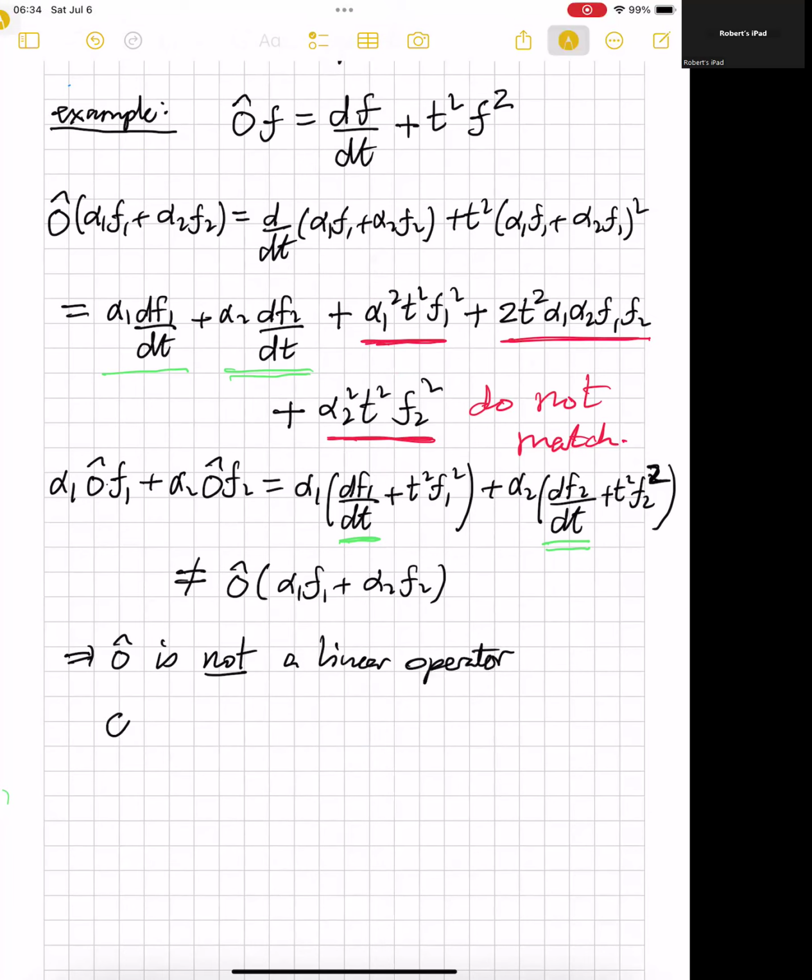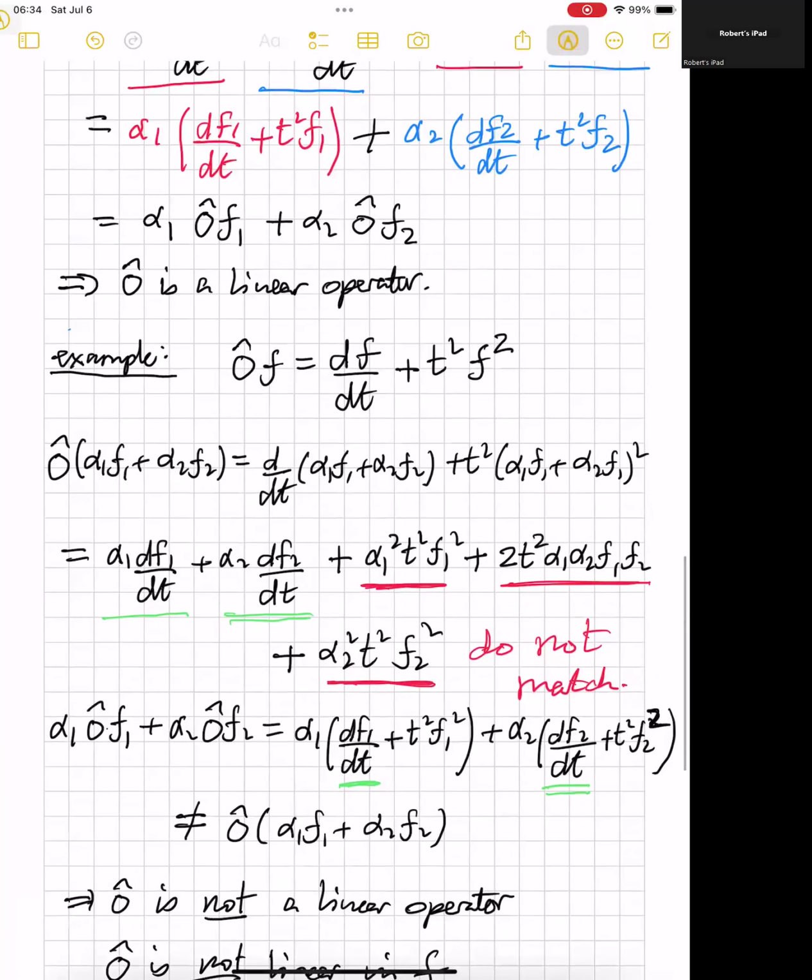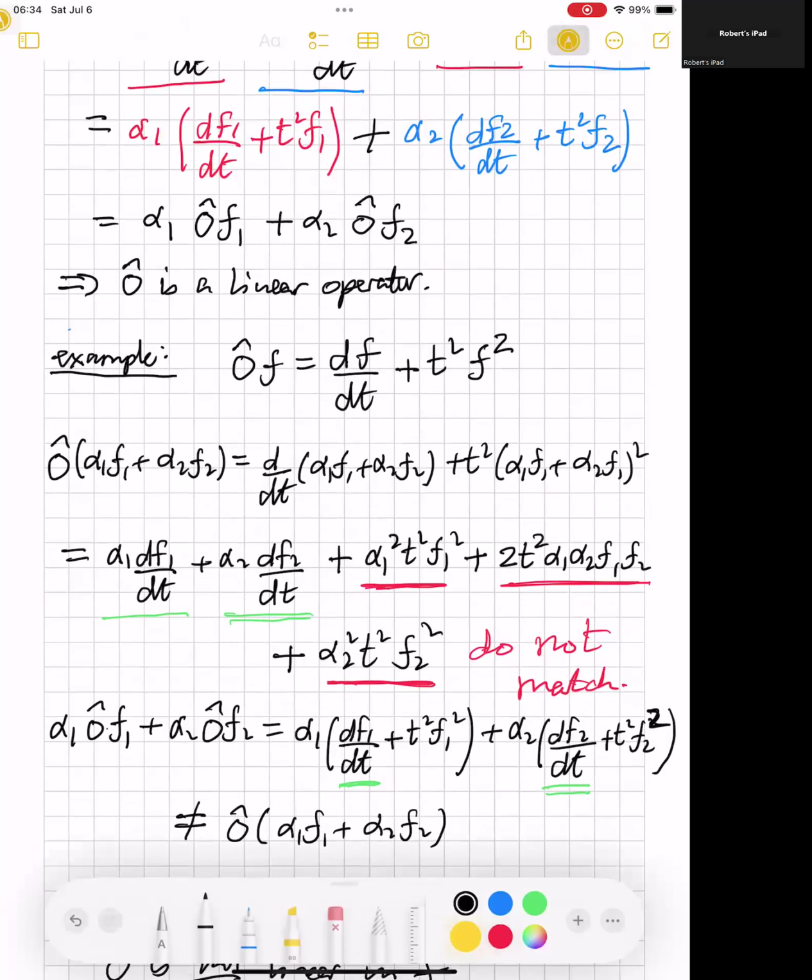and the connection that you should be making for yourself is O hat is not linear in f. And why? Because, well, let's just labor the point. This is linear in f, and this term is quadratic in f.